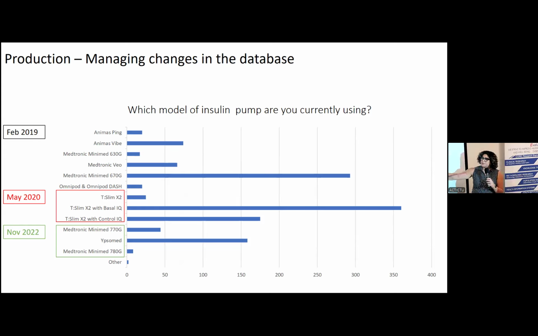So what we decided to do as data managers was to do a release of the data. So now we know what a release is. We extract the data, clean it, and then name it. So we have the database at this time. And then we'll create new variables that have the additional new types of insulin pumps available.